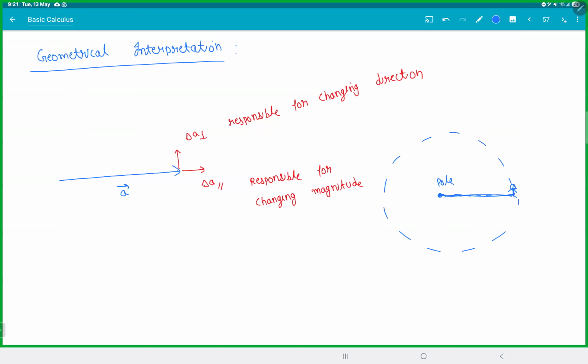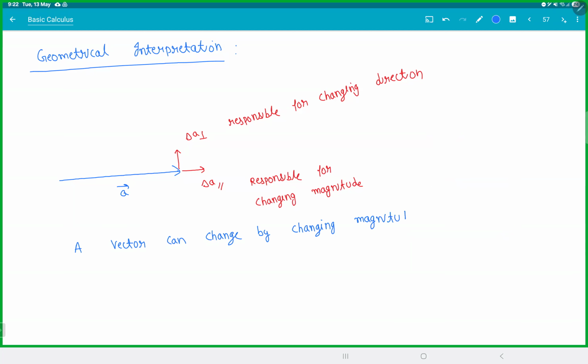And if you're going in a circle, if you see this vector and your velocity are always perpendicular. So a vector can change by changing magnitude or direction, or both.